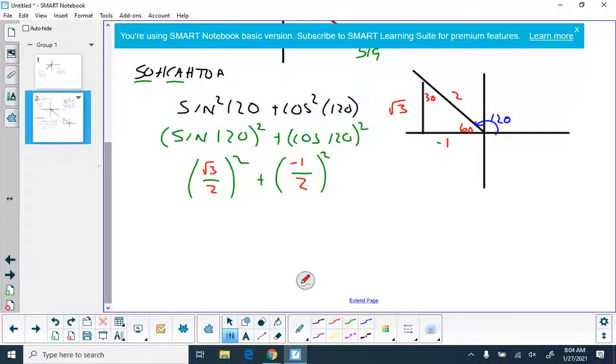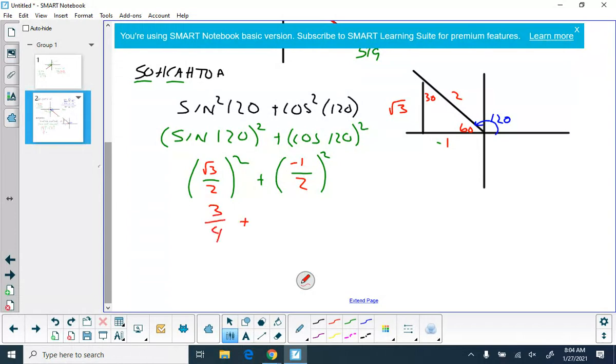If I square the square root of 3, it just makes the radical go bye-bye. But then I have to square my 2. So if I square the square root of 3 over 2, what do we come down to, Justin? 3 over 4.